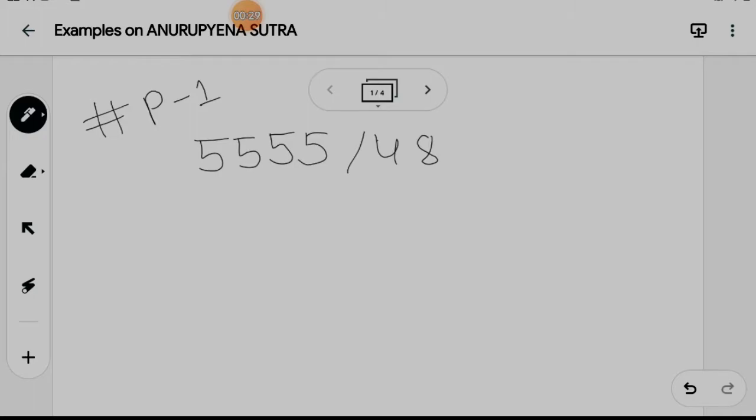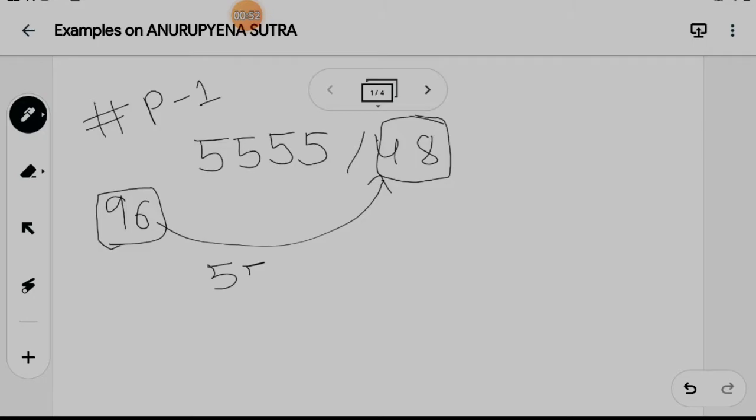So the first rule states, find out the number that's a multiple of divisor and it's close to the power of 10. So 96 is the least multiple of divisor that's close to the power of 10. So we have to replace this 96 in place of 48 and solve the respective division calculation using Nikhilam Sutra.